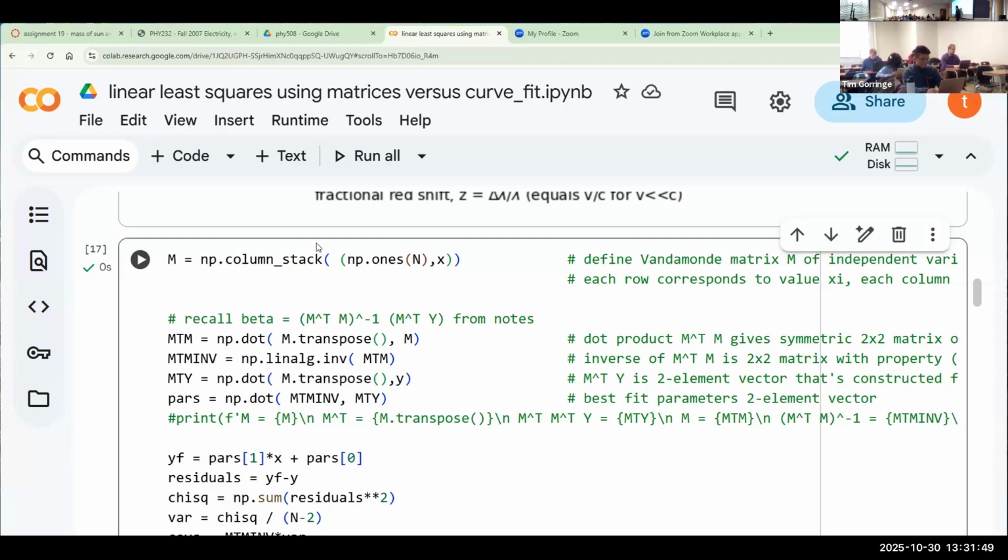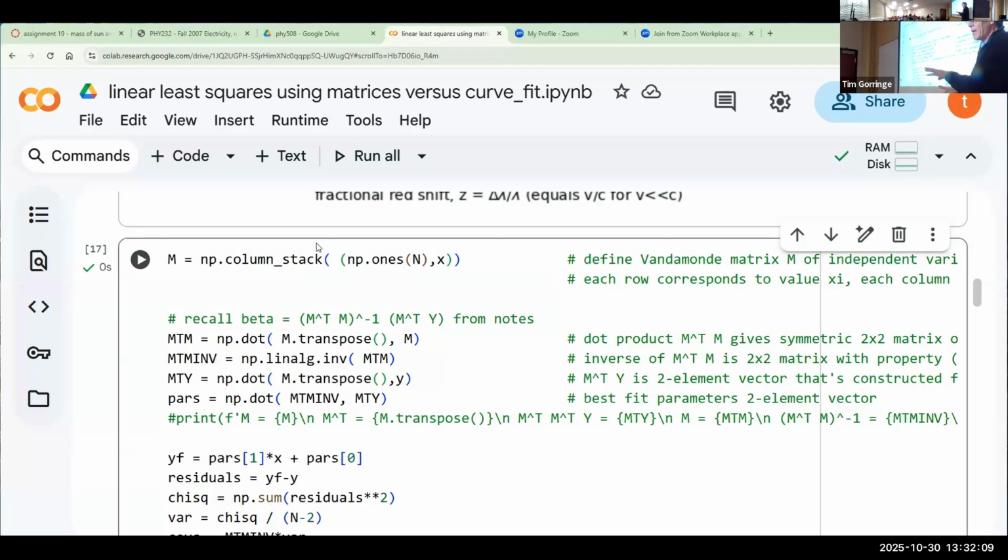And then finally, I've got to multiply this first term upstairs against this second term in parentheses upstairs here. So I need this product. Again, I'm using dot to accomplish that. And now I've got what I call beta here. It's going to be a matrix that contains the two parameters.